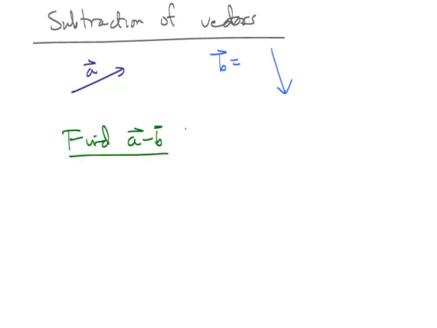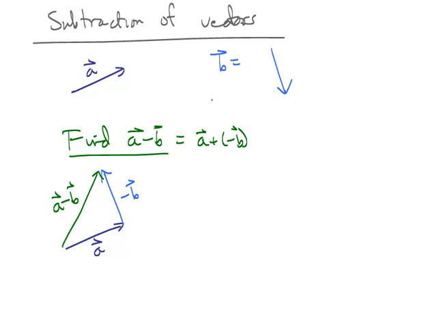I'm going to think about that as a plus a negative b. So I'll start with a, and tack on a negative b. I'm going to have to move my a down a little bit so I have room for my negative b. There's a. Negative b, so b in the opposite direction comes up this way. And then, of course, a plus negative b is this vector right here, or a minus b.